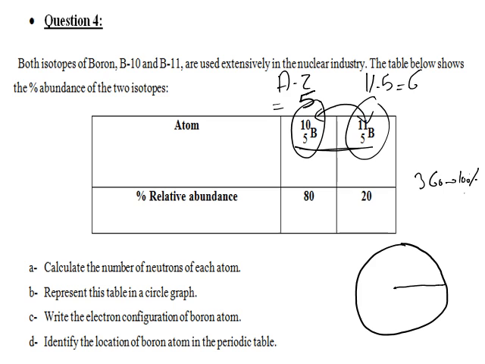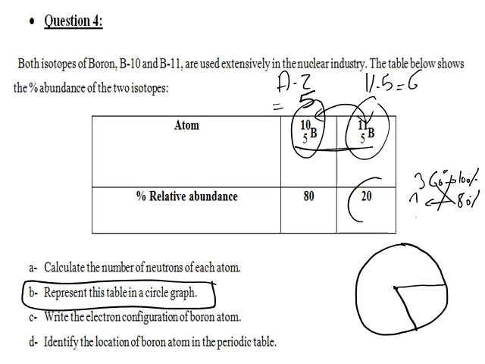How many percent do we have? We have 80%. We have to calculate it in degrees. Okay, you have to calculate the measure. The same way for the second one, for 20. So you have to calculate for both of them.